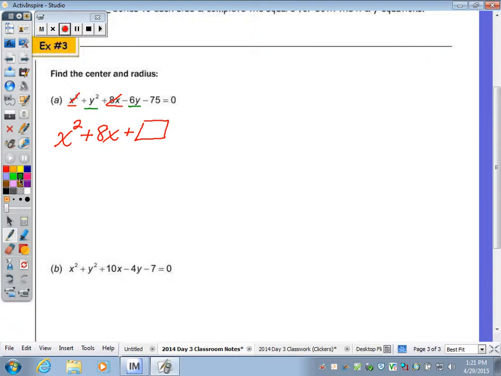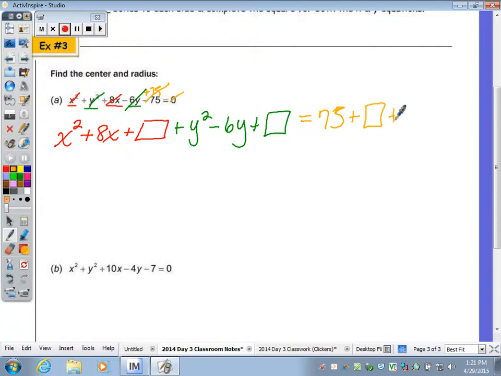And then I'm going to put the y terms in order from highest to lowest. Add in the box to complete that perfect square trinomial. And then I'm going to skip showing the addition of 75 and just put that on the other side. But remember, you have to add your 2 boxes, because you added 2 boxes to the left.